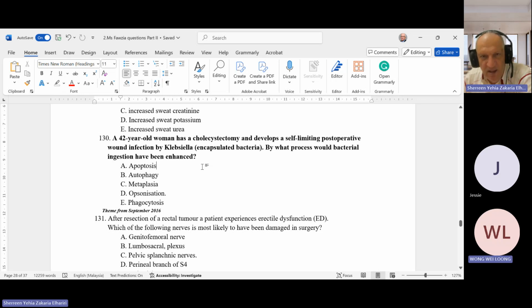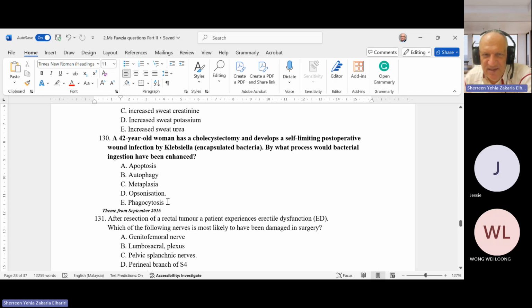Opsonization, because this is an encapsulated bacteria. All right. So if it is an encapsulated bacteria, the answer is opsonization. If I remove Klebsiella and write just wound infection or staph or a normal organism, not an encapsulated organism, the answer is just phagocytosis.